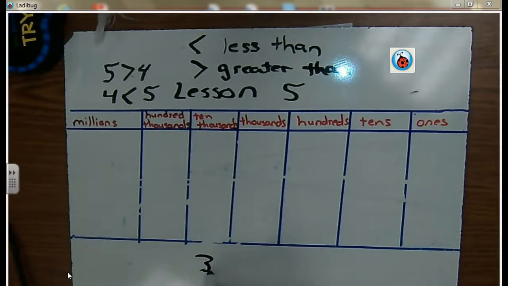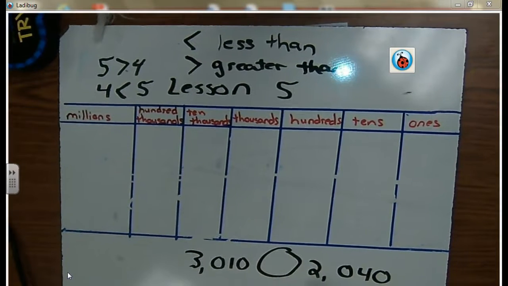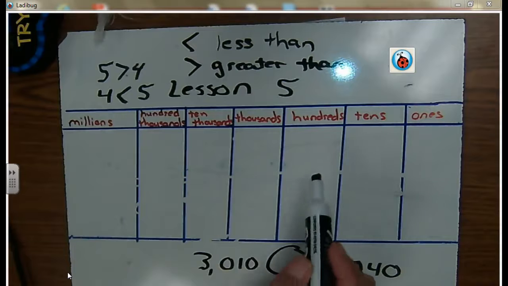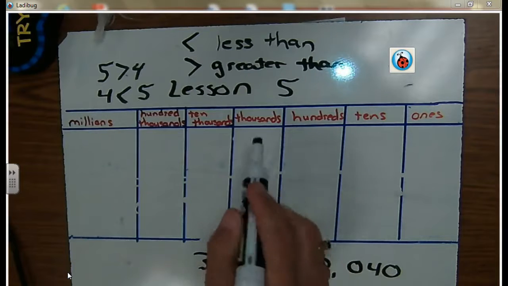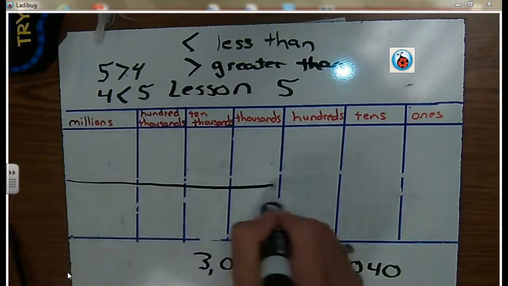So if we have 3010, we're going to put a circle here. Is it greater than, equal to, or less than 2040? In order to figure this out, we can go up to the place value chart, and we can represent this number with place value discs. I'm going to draw a line all the way across.